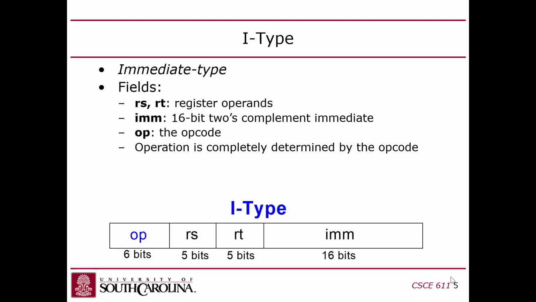It's also used for loop counters and initializing variables. You guys with me? All right. The RS and RT are in the same positions in the I-type as they are in the R-type, except the RT, as I mentioned earlier, is sometimes a source register and other times a destination register, depending on which I-type instruction you're executing. Okay?